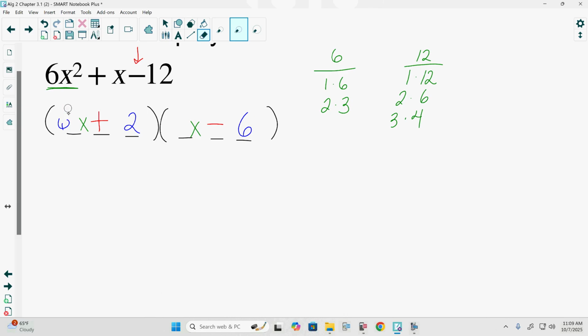That didn't work. Okay, fine. Let's switch the 6 to the other side. 6x plus 6 has the greatest common factor of 6. That's gone. 2 and 6: there's no way I could set up 2 and 6 with our factors of 6 from the 6x squared and get one that works, because we would always have a greatest common factor.